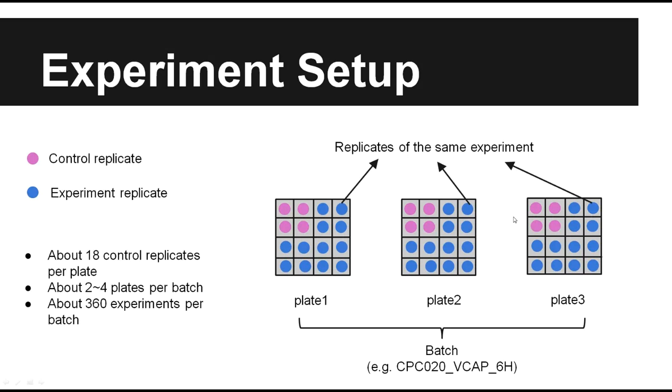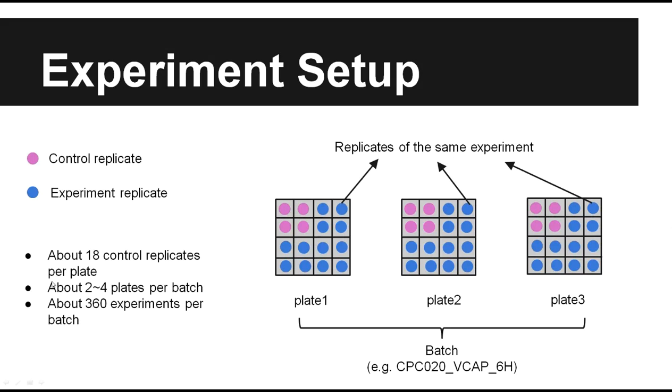Here's the arrangement of how they do the replicates of one experiment. Basically, they put the replicates of one experiment into the same well of different plates, and each plate has its own controls. So this will be replicate 1 of this experiment, replicate 2 of this, and replicate 3 of this experiment. This setup will have consequences on the analysis.